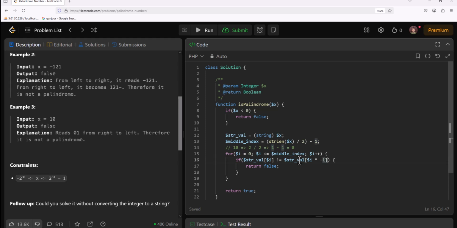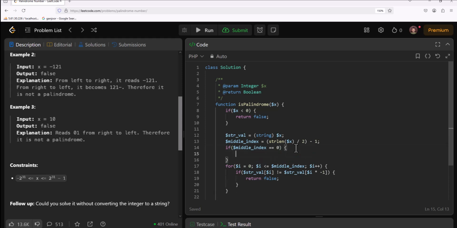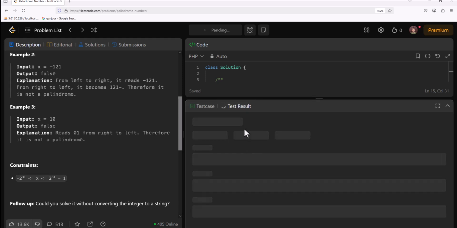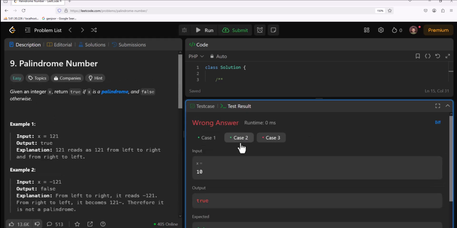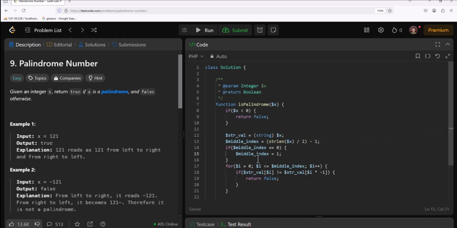So we can do a messy thing here, and we can see if the middle index equals 0, make it this.